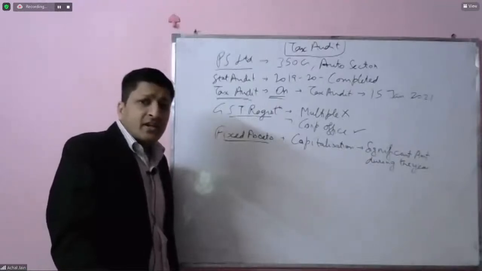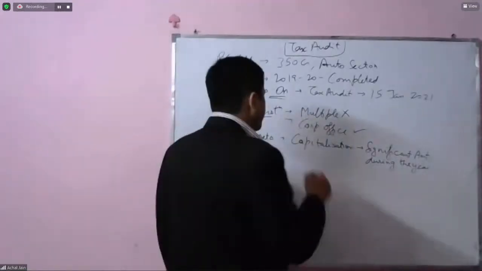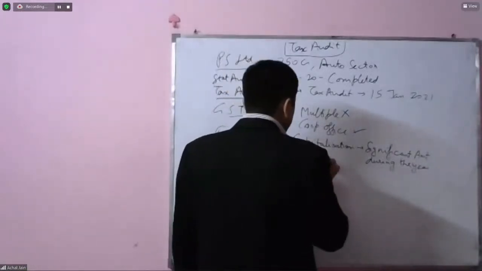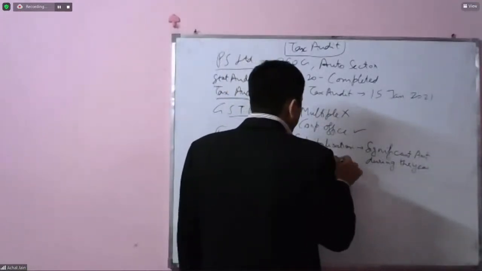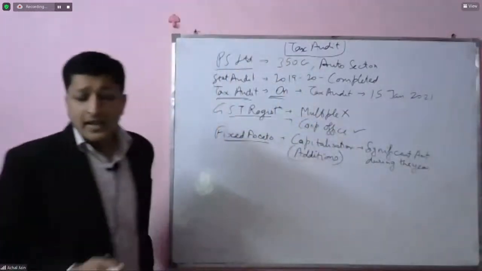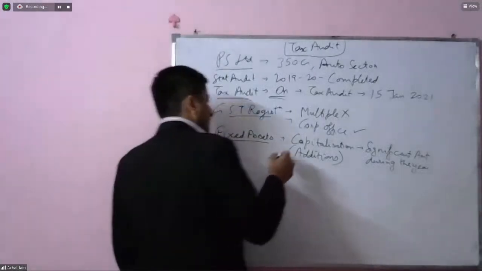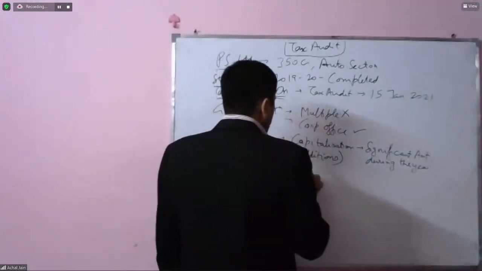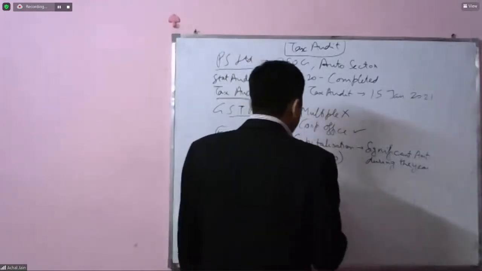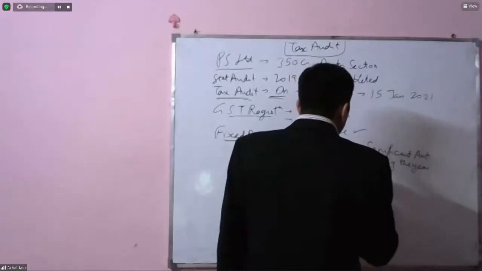This capitalization means the additions which took place during the year were all appearing as capital work in progress during the last year. Okay. So they were all appearing as capital work in progress during last year.